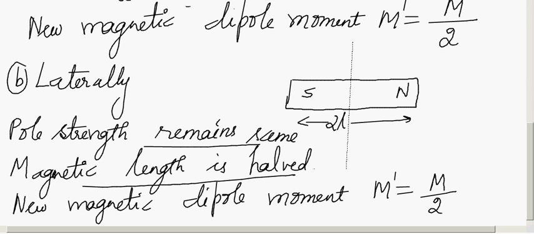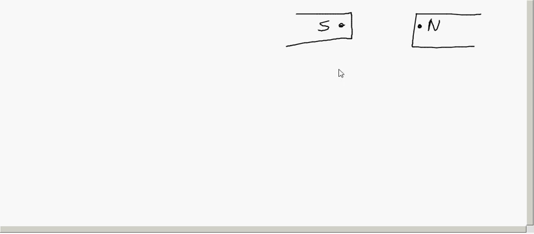Now we'll see what is the force of attraction or repulsion between two magnets or two magnetic poles. Let us say we have two magnetic poles with pole strengths m1 and m2 placed something like this. North and south pole will attract each other.